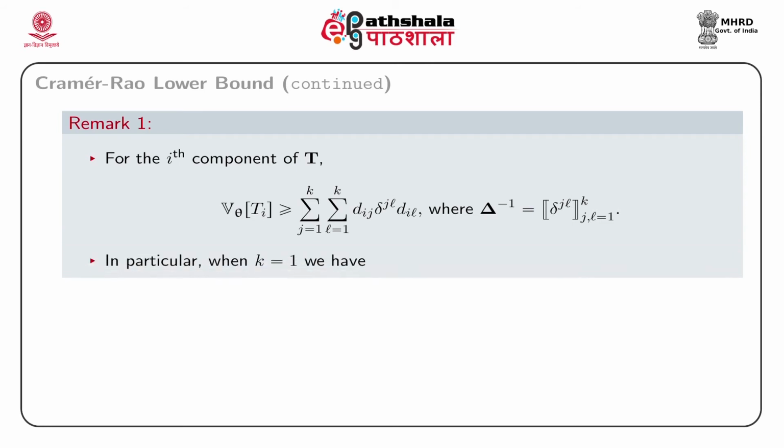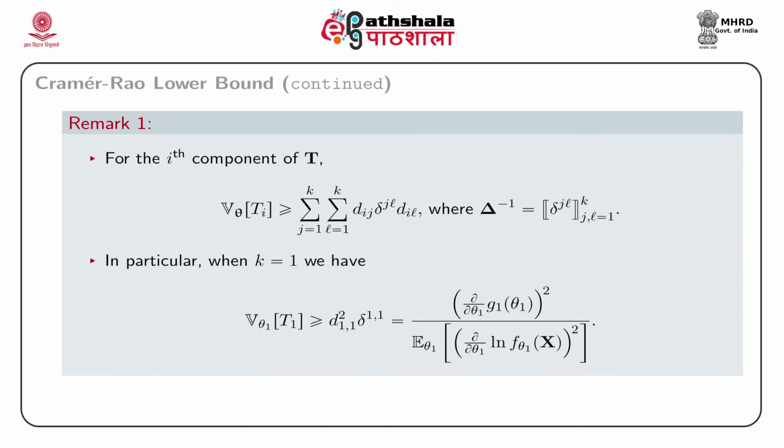In particular, when k equals 1, we have the variance of T1 under θ1 is greater than or equal to d11 squared into Δ^{11}.